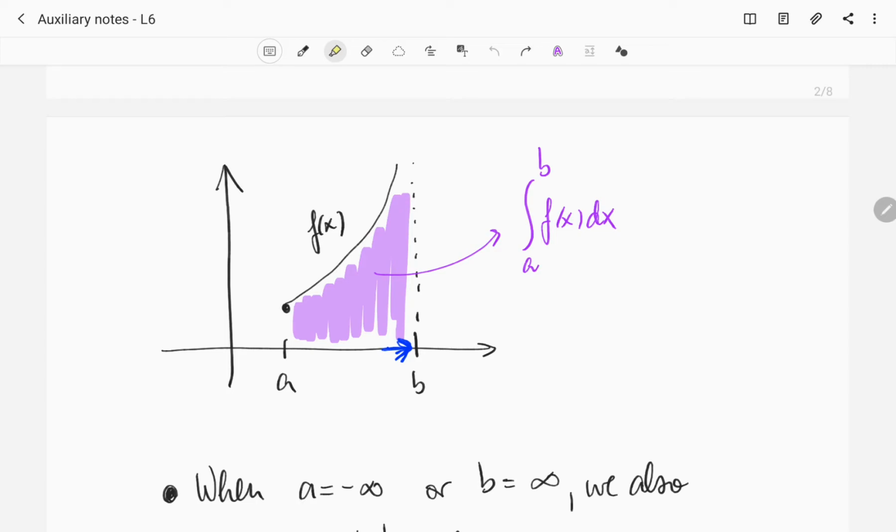So these two cases, when the function f has a problem in a, or when the function f has a problem in b, where having a problem means that maybe it's not well defined, like here we don't have f of b. When we have this situation, these two integrals, which have the same notation as before, mean taking these limits, and they are improper integrals.